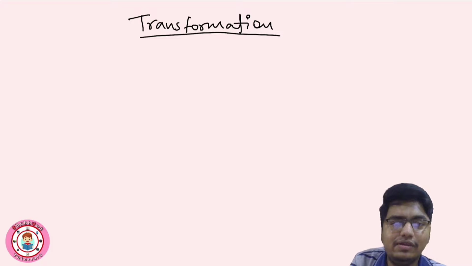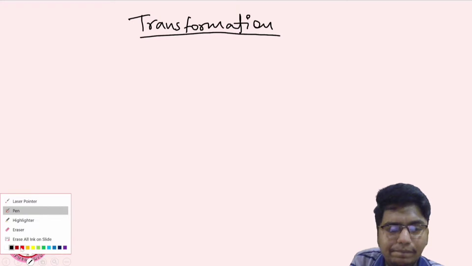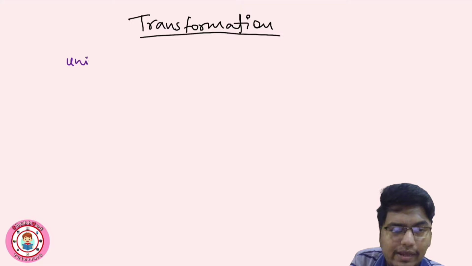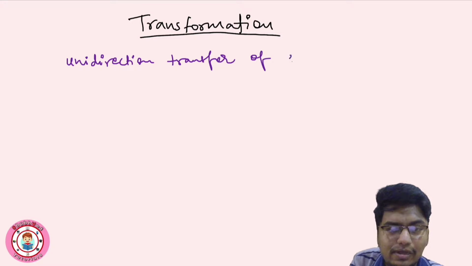So transformation is the transfer of genetic material, same as we saw in conjugation. It is a method of transfer of genetic material, but the genetic material is extracellular here. It is also a unidirectional, one-way transfer of extracellular genetic material.